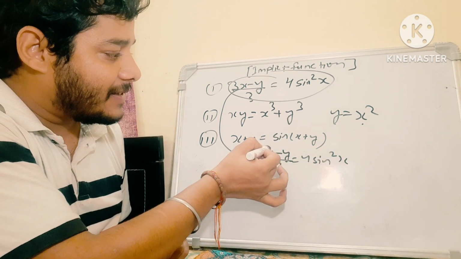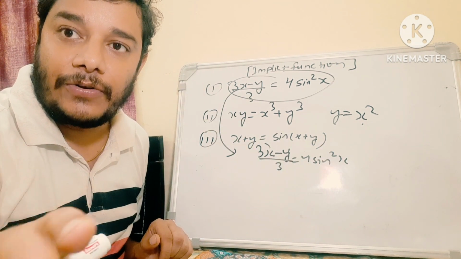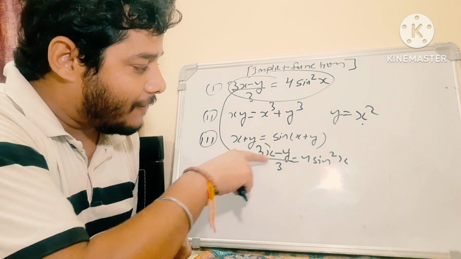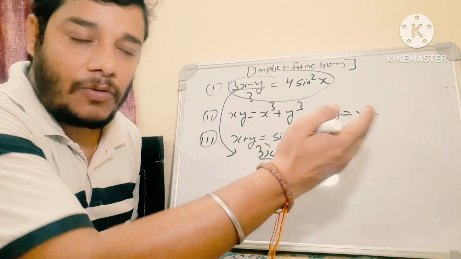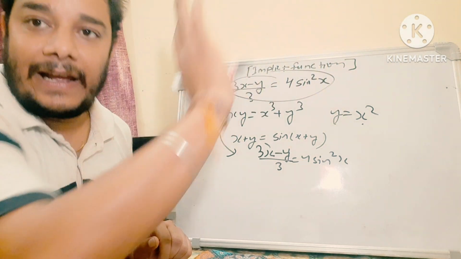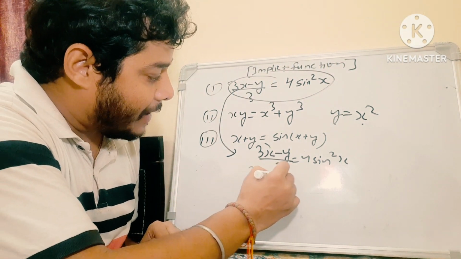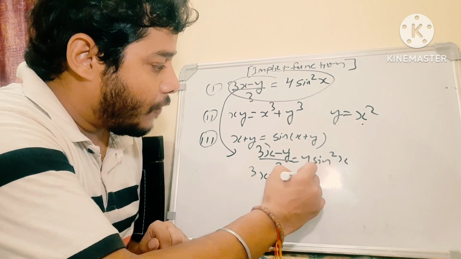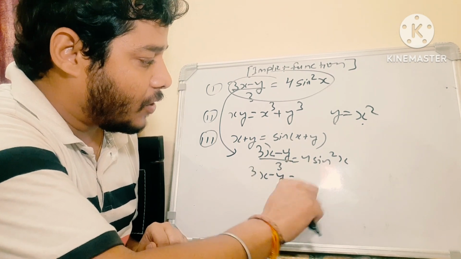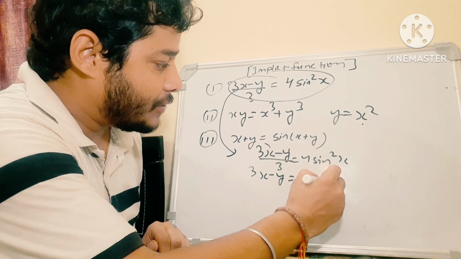So here the variables are x and y. What I am going to do here is find the value of y in terms of x. So one variable on the RHS and the other on the LHS. Can you write it like that? 3x minus y is equal to 4 times 3, that becomes cross multiplication, 12 sine square x, right?